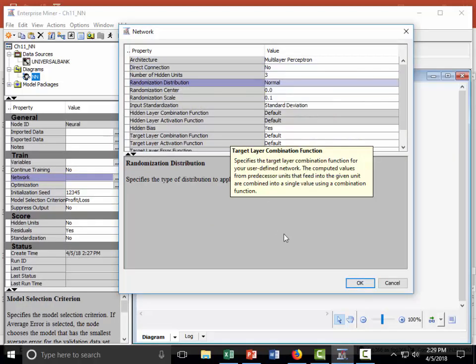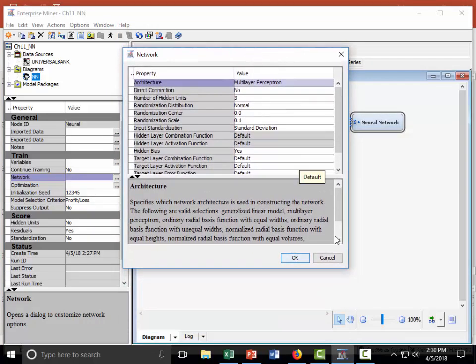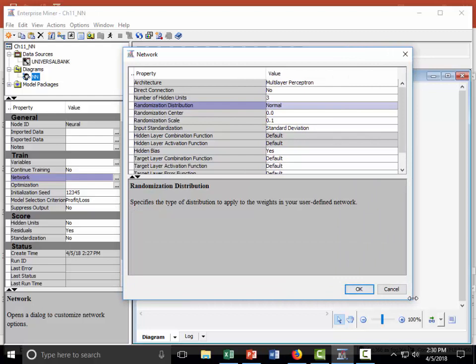Okay. Now, randomization distribution is for the initial values. Okay, it specifies the type of distribution to apply to the weights in your user-defined network. So how do you come up with your initial weights, right? So for initial weights, you can use any one of these three distributions. Okay. Now, randomization center.